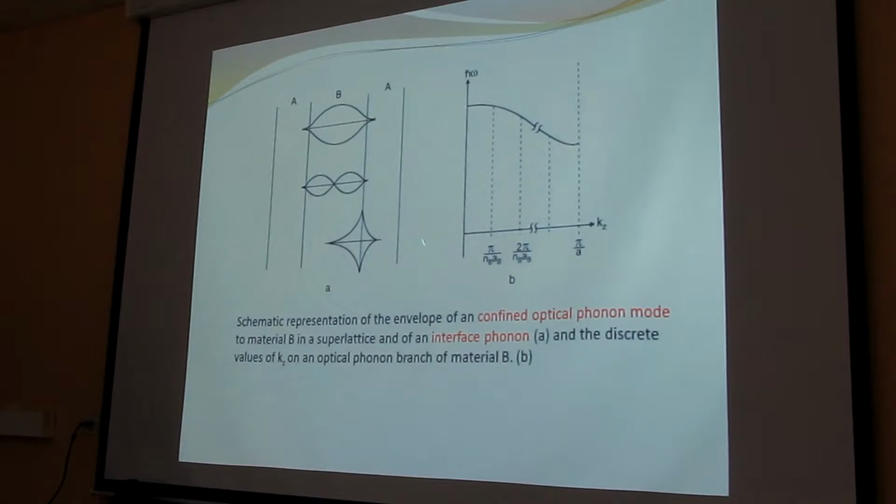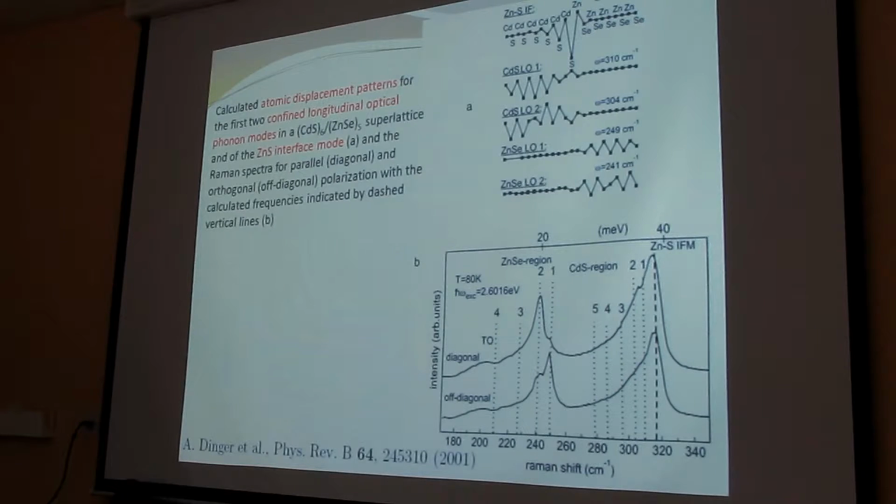And what also could happen is that you have so-called interface phonon modes. These are modes which are now confined to the interface. If you have them, this depends on the composition, and I will show you now an example.